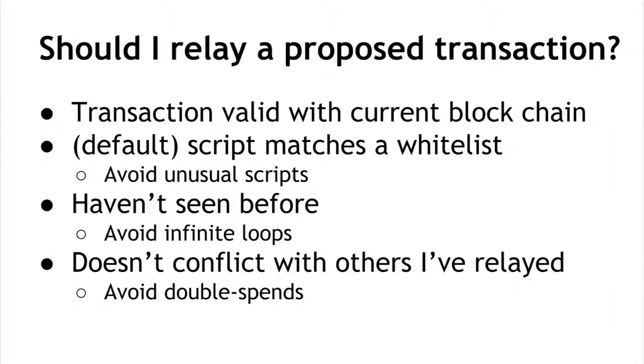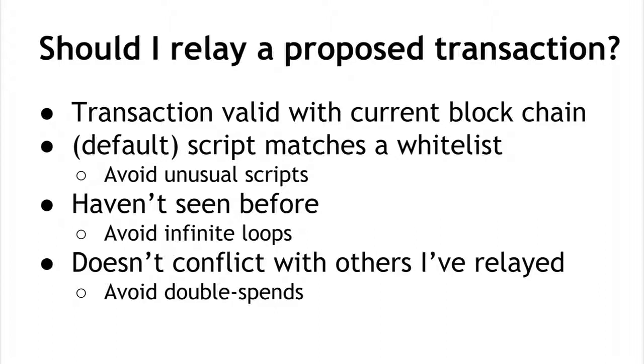So how do nodes decide when they hear about a new transaction whether or not they should propagate it? The most important thing they do is they check to see, given their view of the blockchain, whether or not this transaction is valid. So they do all the transaction validation we talked about earlier. They run the script, they see that the script checks out, they see that the coins that are being redeemed here haven't already been spent.